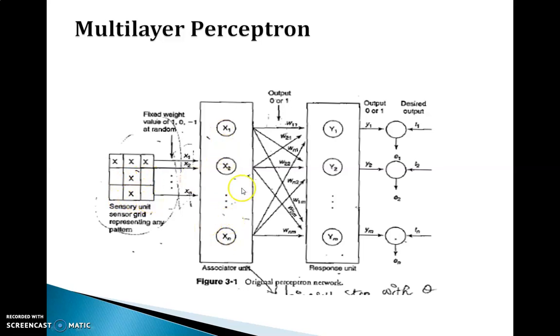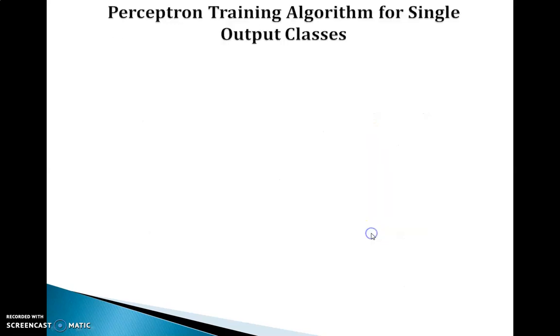That input is fed to the input layer. Input is connected to the hidden layer. Here we have m neurons. So the weight from 1 to 1 is w11, 1 to 2 is w12, 1 to m is w1m. In the same way from n to 1, n2, nm weights. Instead of only one output, we have a set of outputs. So the outputs will be y1, y2 and so on up to ym.